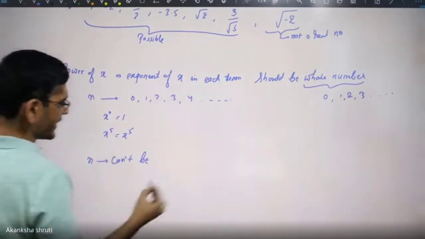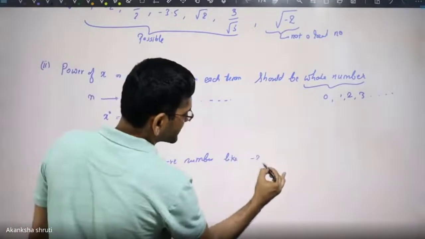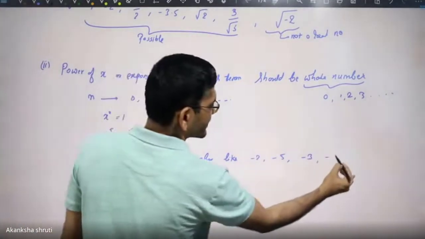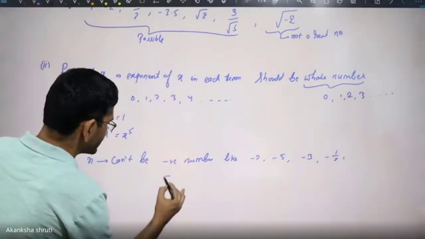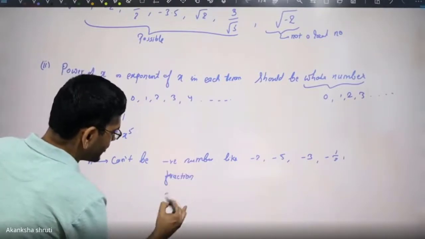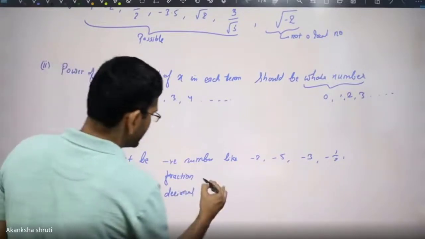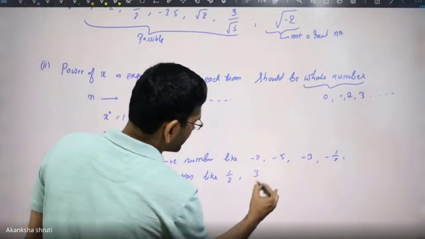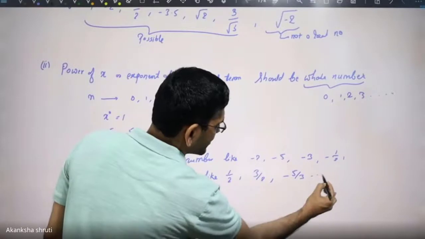Means n cannot be a negative number like -2, -5 or -3 or even -1/2. It cannot be a negative number, cannot be a fraction, it cannot be a decimal. Like the value of n cannot be 1/2, cannot be 3/2, cannot be -5/3.